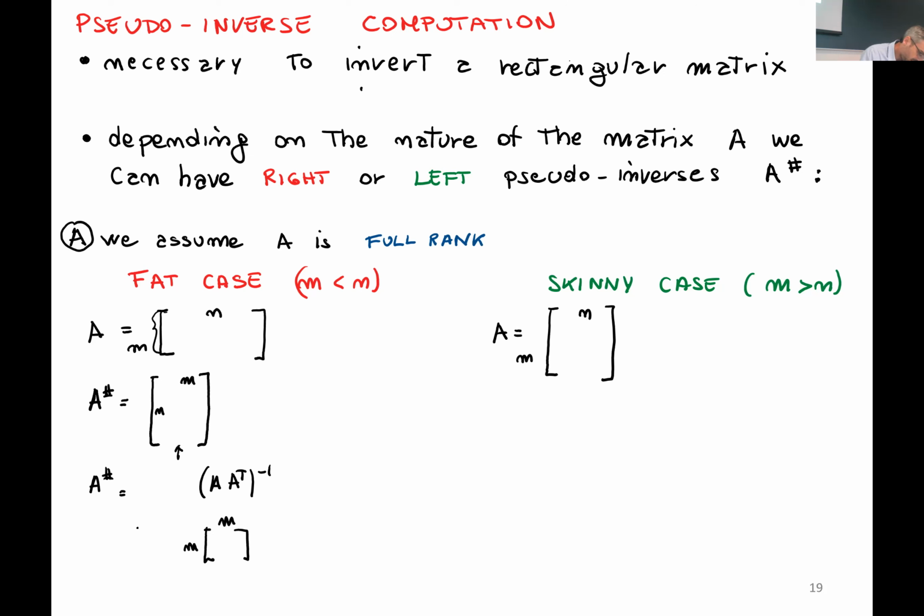This is an M times N. We need to multiply by an N times M matrix. Okay? And this is achieved, for example, by transposing A. So this is the pseudo-inverse computation in the fat case.